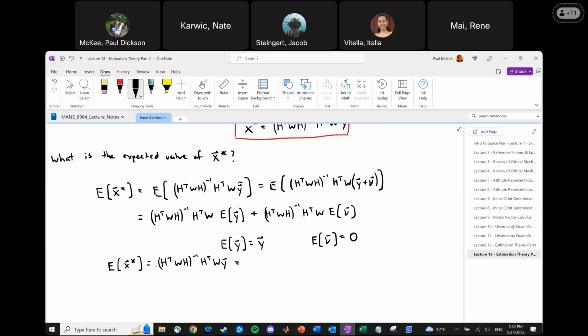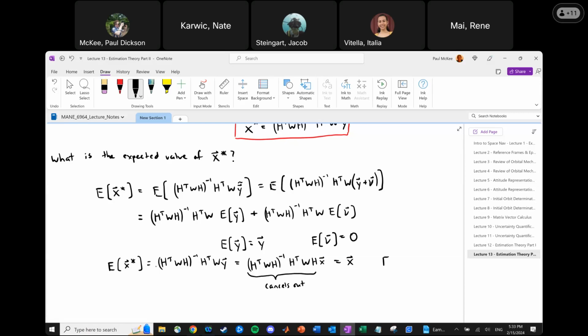So this is really H transpose WH, going to be a lot of that today, inverse H transpose WH X. So far, so good. However, what do we notice? H transpose WH inverse H transpose WH cancels out. So the expected value of X star is X.